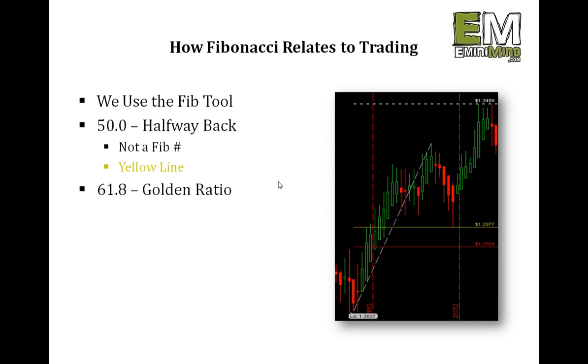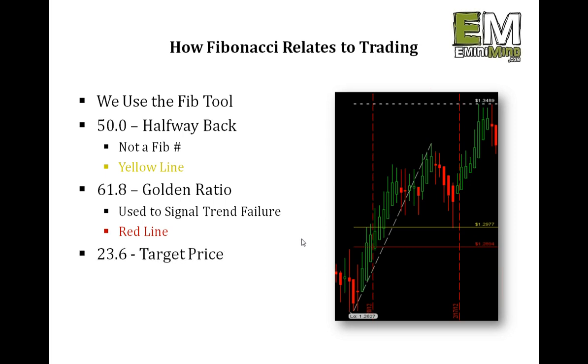The 61.8 is that golden ratio, and we're using that as the signal for the trend failure. So once essentially 62% of the move has gone against us, so if we're going in an uptrend here, and this red line is noted as the 61.8, once we pull back 61.8% of that move, that's what we're using as a trend failure.